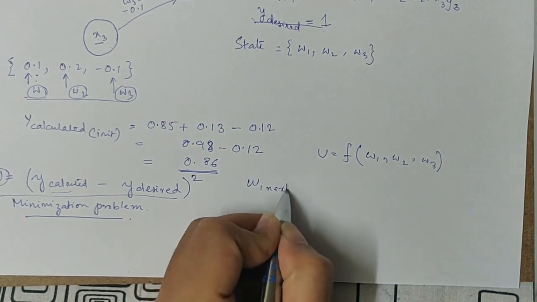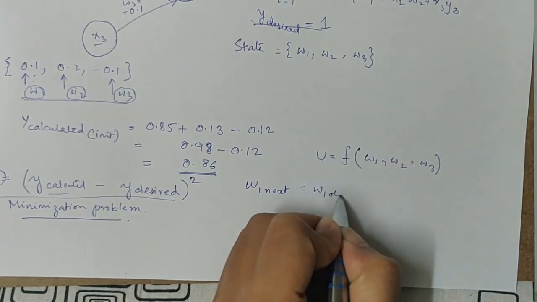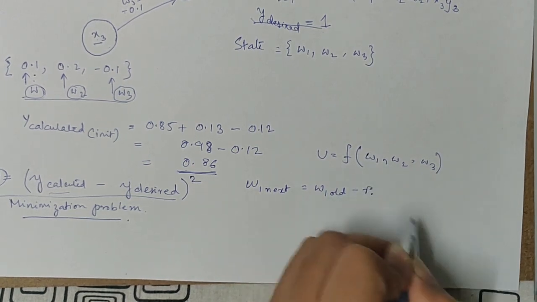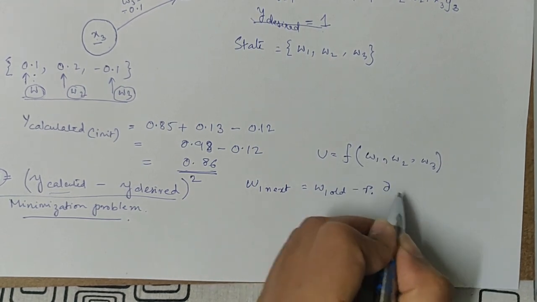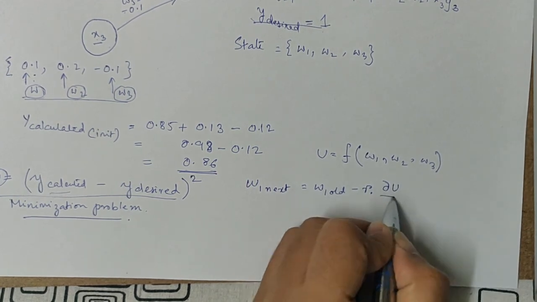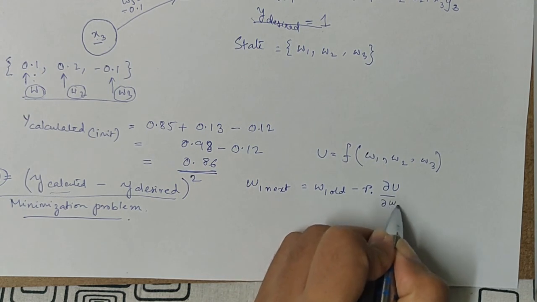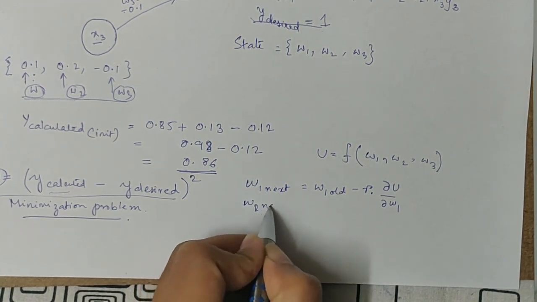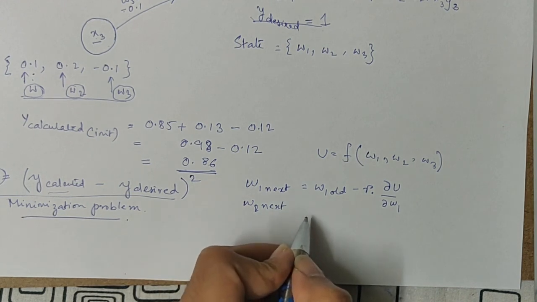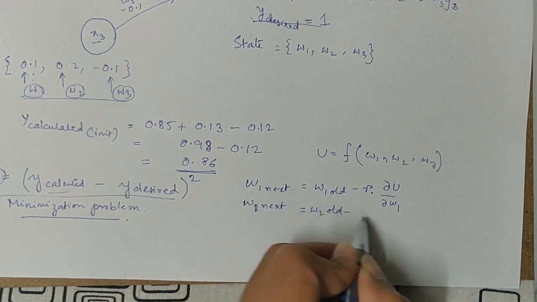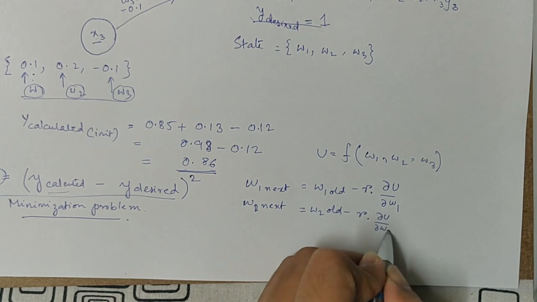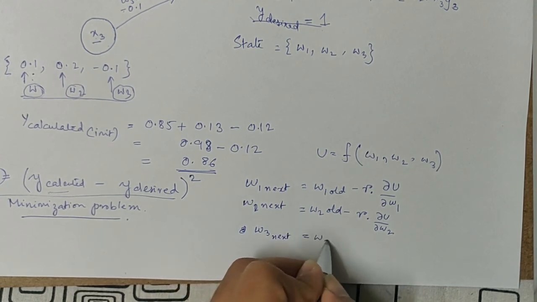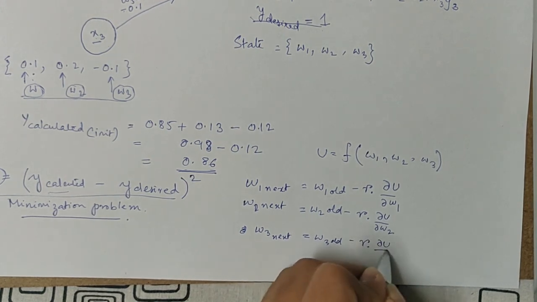w1 next equals w1 old minus r, the step size, into del u del w1, because it is a minimization problem. w2 next is equal to w2 old minus r into del u del w2, and w3 next is equal to w3 old minus r into del u del w3.